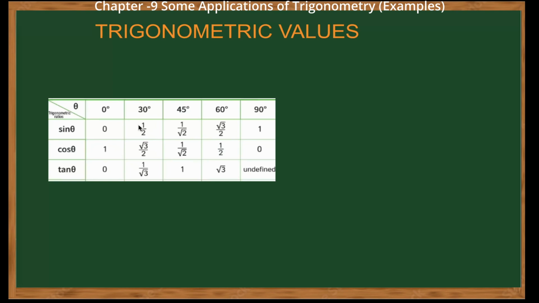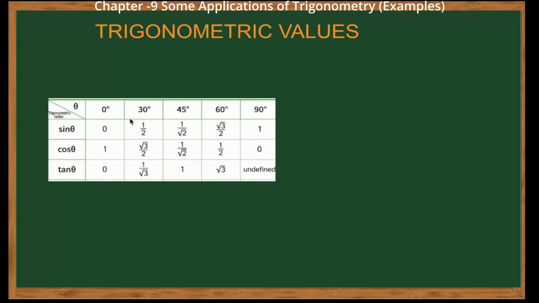If not, you can learn them by heart. If you know the values for sine, cos, tan, you will be able to utilize them in the upcoming examples. It requires only practice, so that way you will be able to remember these trigonometric values.